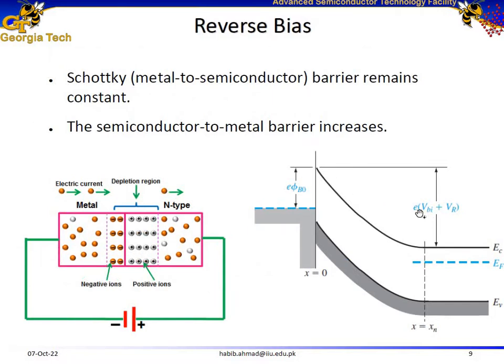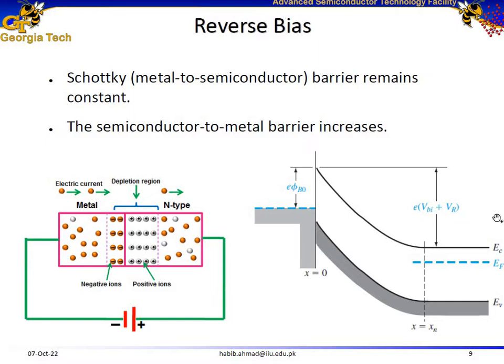What happens under reverse bias? Reverse bias means apply a positive voltage to the N-type semiconductor material. If you apply a positive voltage to the N-type semiconductor material, now the Fermi energy levels you drag down.